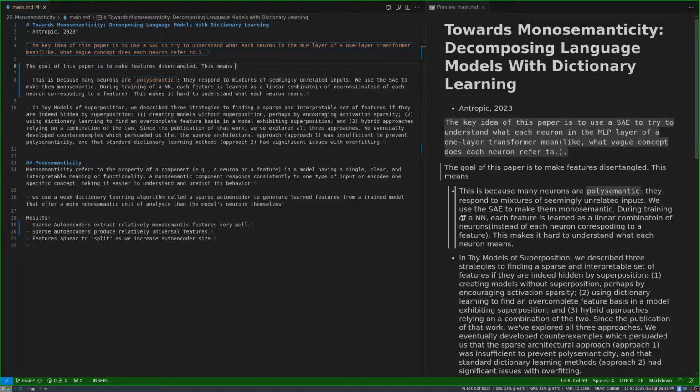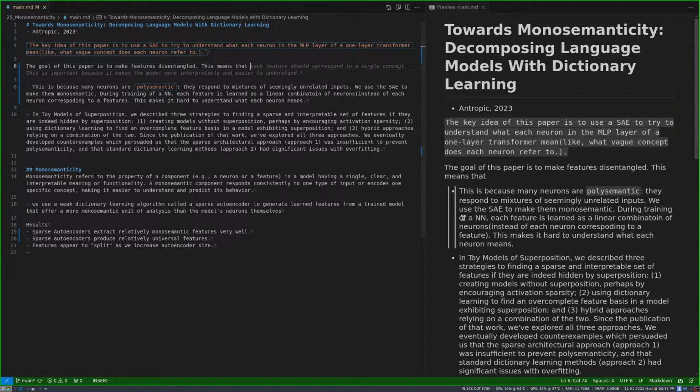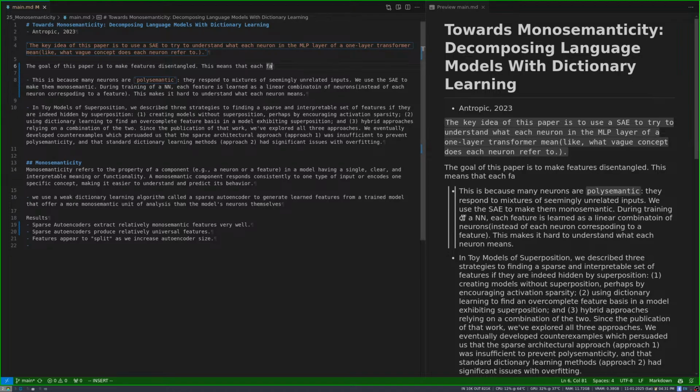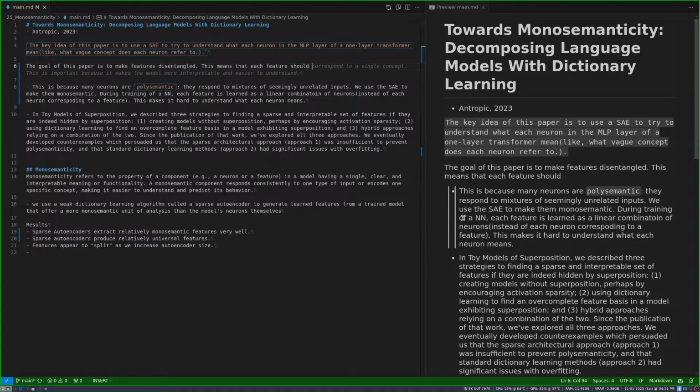This means that each feature should correspond to a single concept. This is important because it makes the model more interpretable and easier to understand.